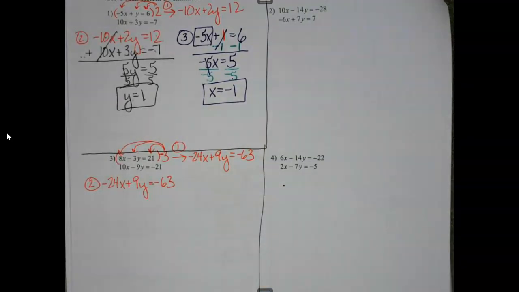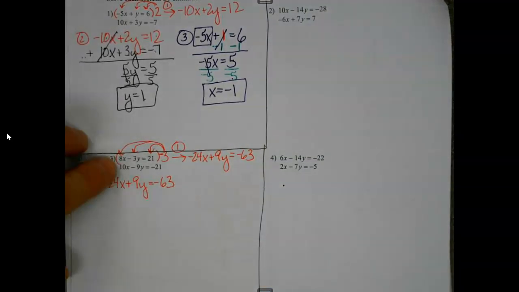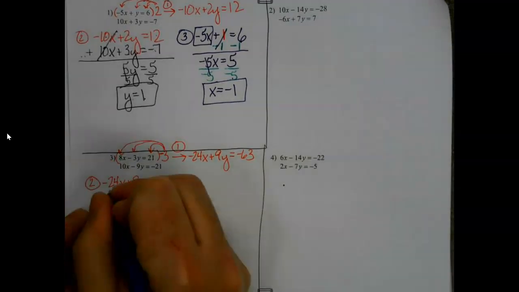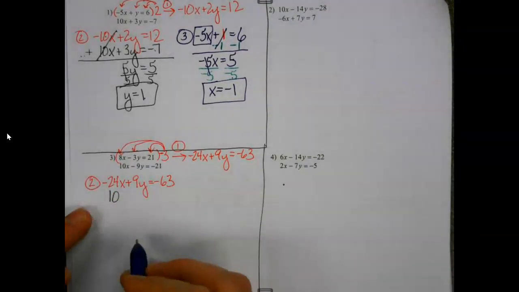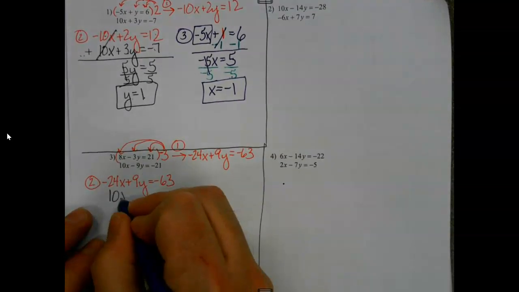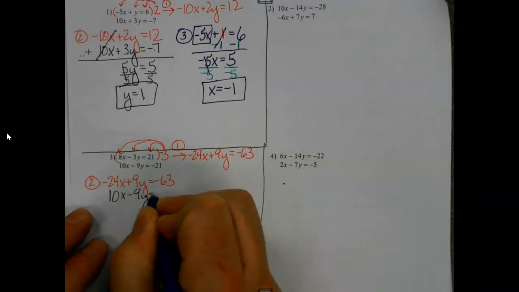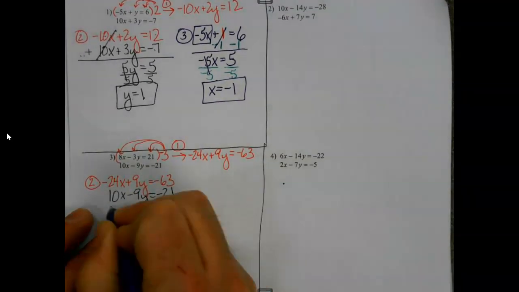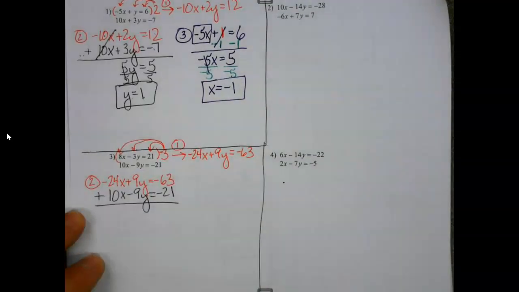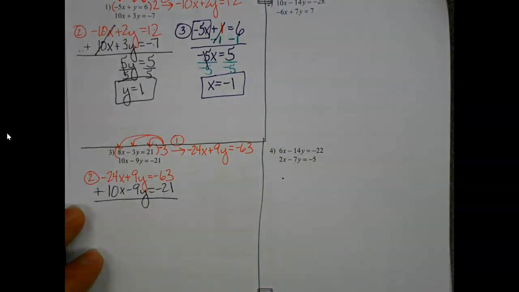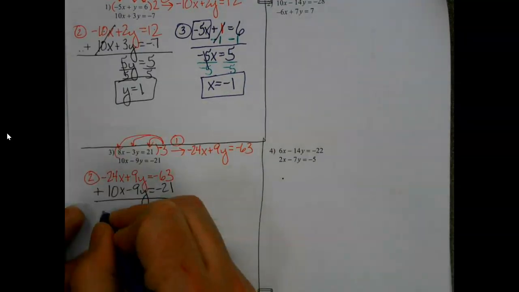So I'm just going to copy that down. My second equation, I didn't do anything to. And sometimes it may be the bottom equation that you've got to multiply it by. So I get that taken care of. I add down.